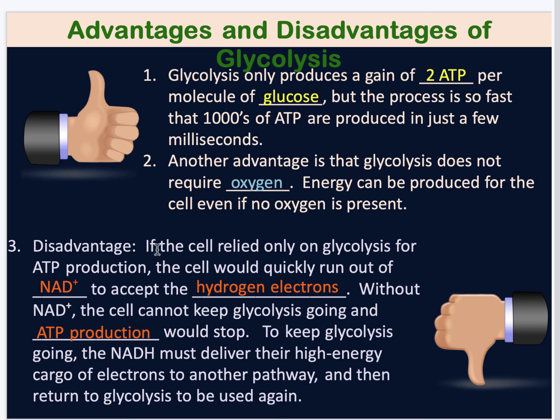Disadvantage. If the cell relied on only glycolysis for ATP production, the cell would quickly run out of the NAD+ to accept the hydrogen electrons. So without the NAD+, the cell cannot keep glycolysis going and ATP production would stop.